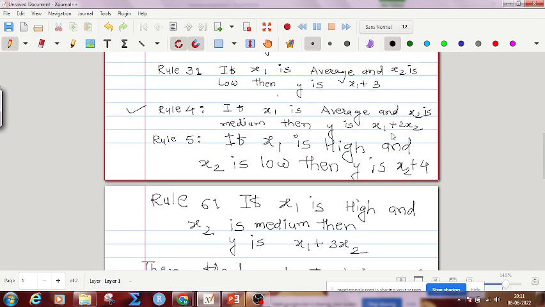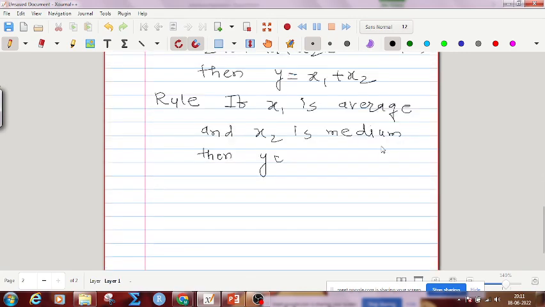Y is equal to x1 plus 2x2. Okay, these two rules we are going to evaluate.